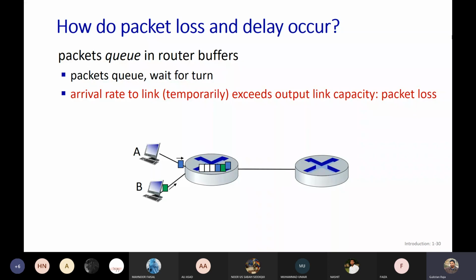Not always, it does not always exceed, because traffic is bursty in nature. So sometimes it exceeds, sometimes it does not. If it temporarily exceeds, the packets will be placed in buffers, and if the buffer capacity fills up, then there will be a packet loss, right?